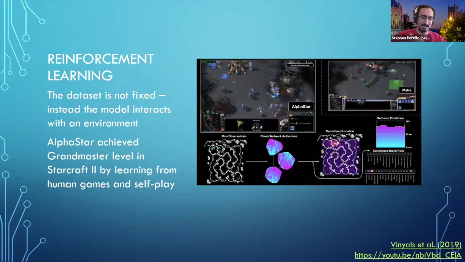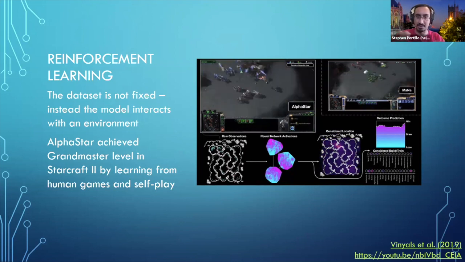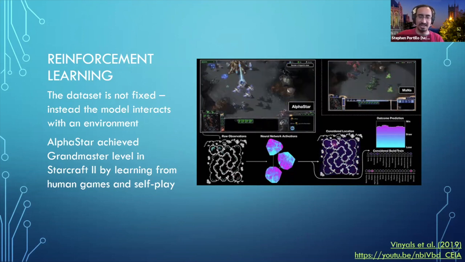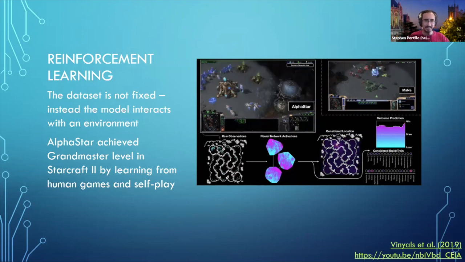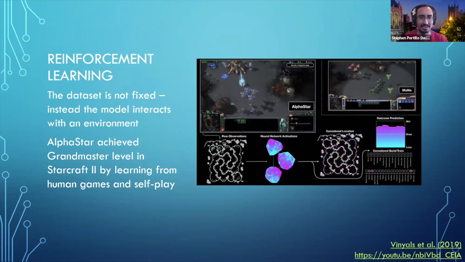And it did this by, the data set that it had included games that human experts played against each other, but AlphaStar also played StarCraft games against itself to generate data that it could learn from. And so I think this is a very different way that machine learning can work, and I thought I'd point it out as one of the categories.